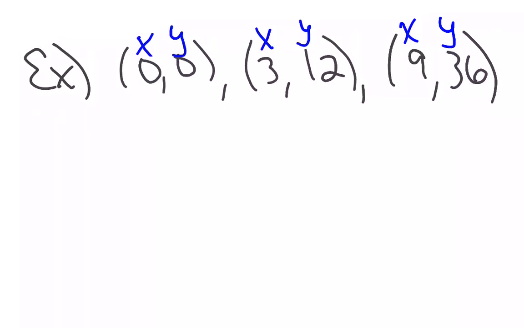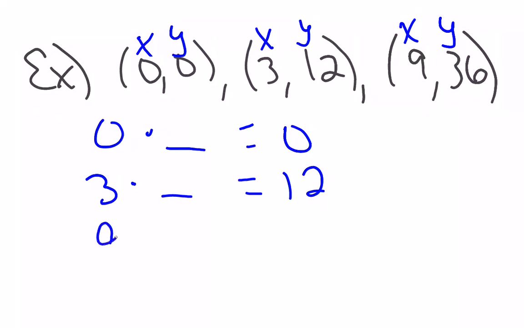So in this case, very similar, but we have to figure out what times x gives us the y. And it has to be the same. So we have to have 0 times something gives us 0. 3 times something gives us 12. 9 times something gives us 36.